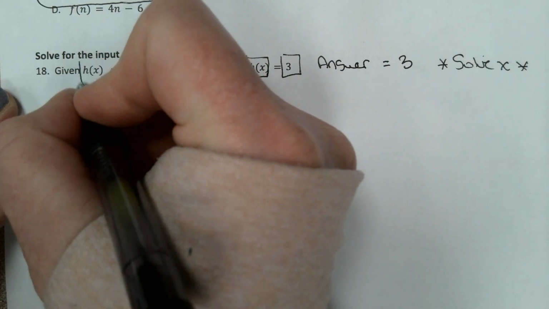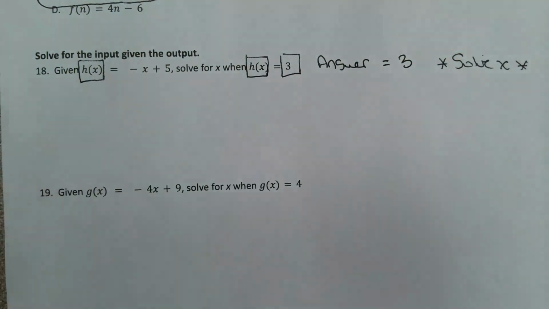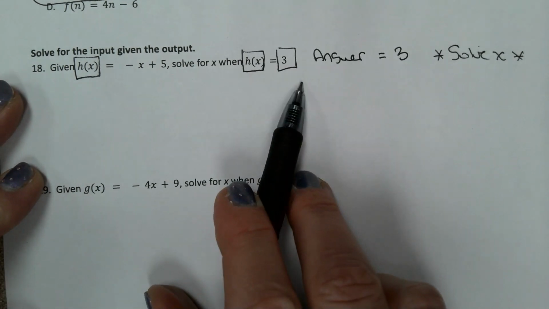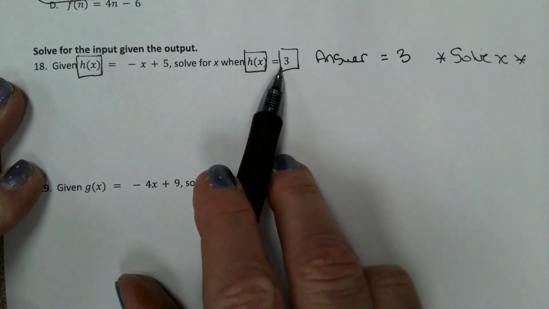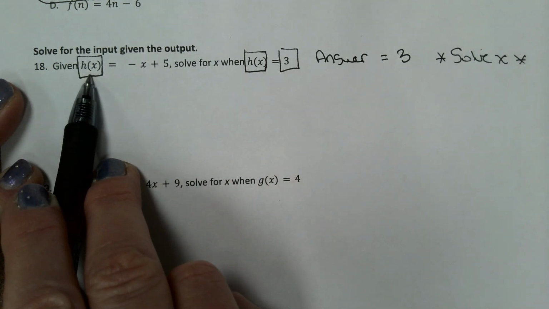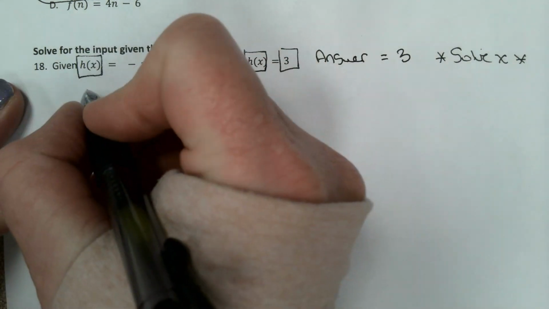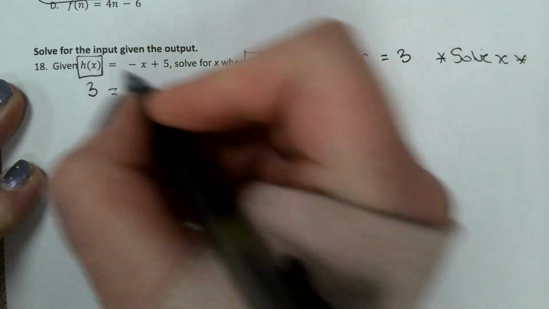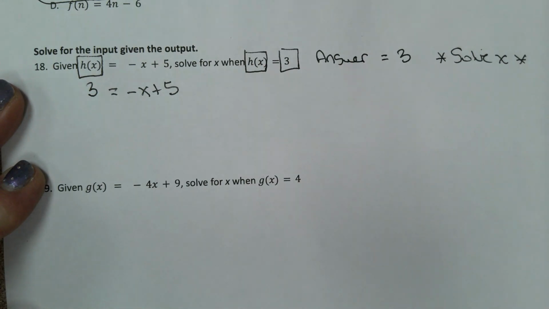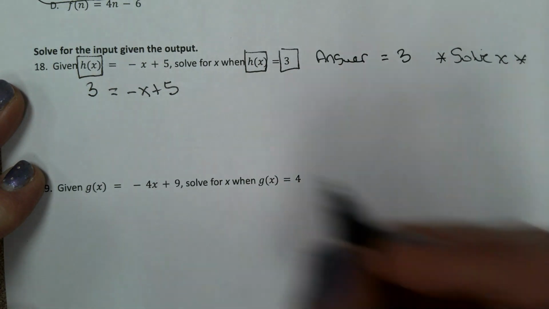So I'm going to use substitution. I learned a long time ago that if I block things in, so like these rectangles are the same thing, so I'm going to get rid of this rectangle and I'm going to substitute 3 in its spot. So when I do that, now I just have a linear equation.